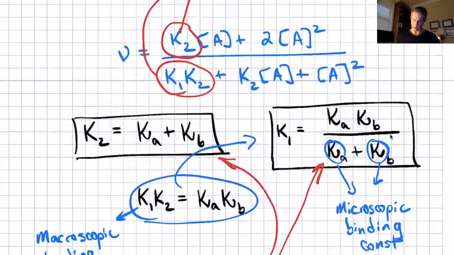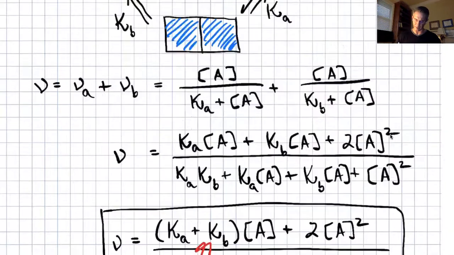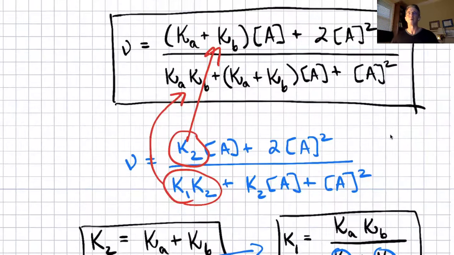And hopefully you ultimately see that even though you come down to two expressions that on their surface look completely different, they're very closely related. Both of these expressions, the microscopic and the macroscopic expression, will fit data just fine, but the underlying meaning of the numbers is different.